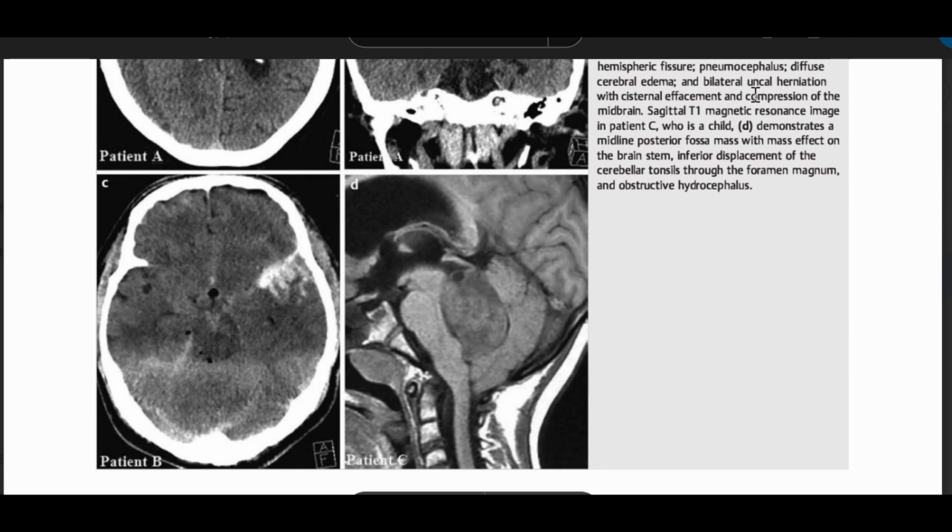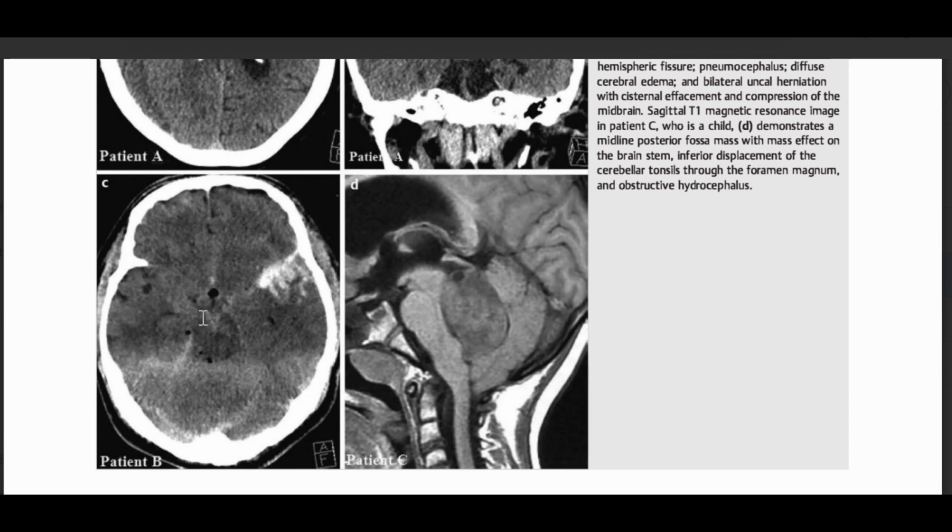There is bilateral uncal herniation with compression and effacement of the midbrain. As I mentioned, this is the midbrain. These are the two cerebral peduncles. It's compressed and effaced by, can you see this triangle here and this triangle here?